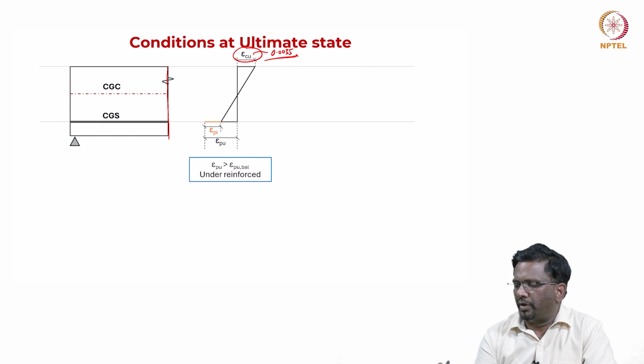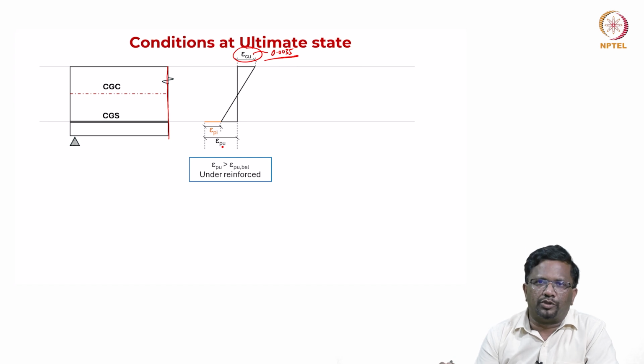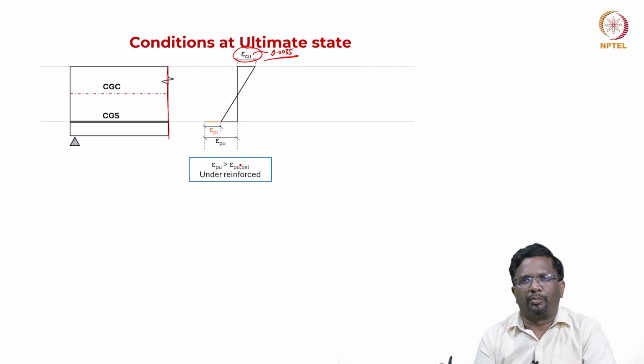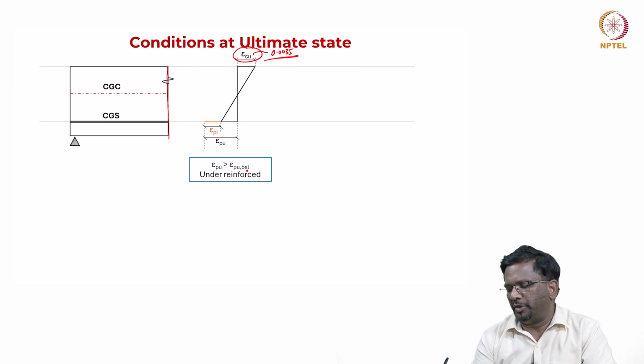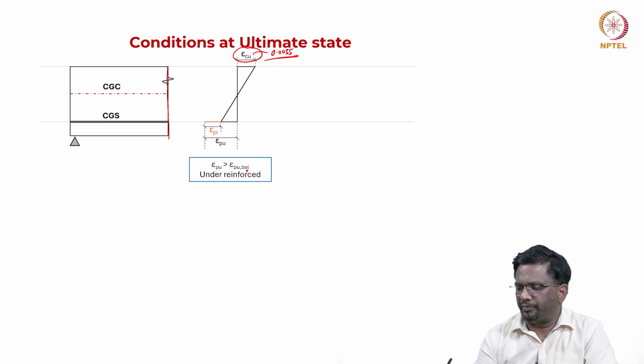Now, if your strain at failure is going to be greater than your epsilon pu for a balanced section, typically for a balanced section we will take that as a yield condition. So, for the yield condition, we say that that is going to be an under reinforced section, right.